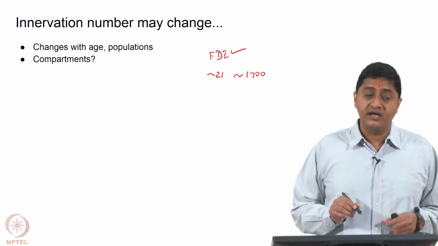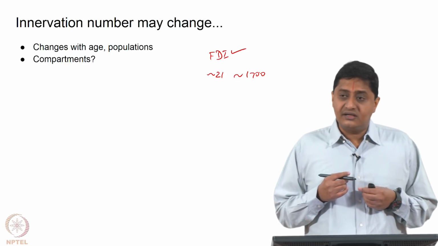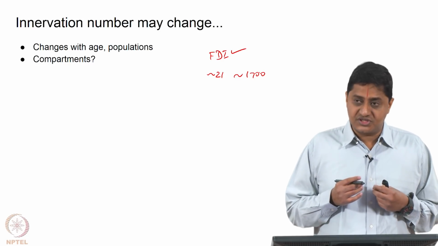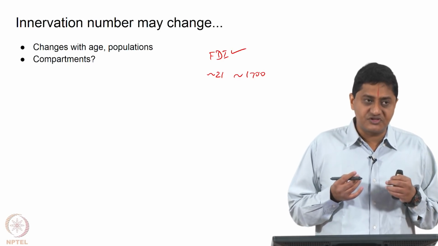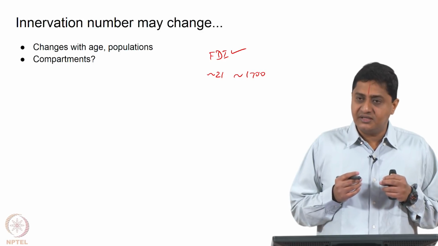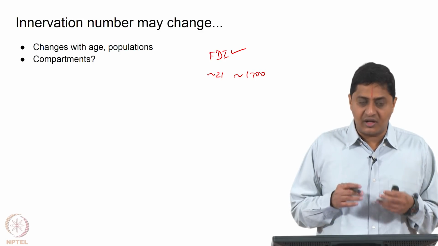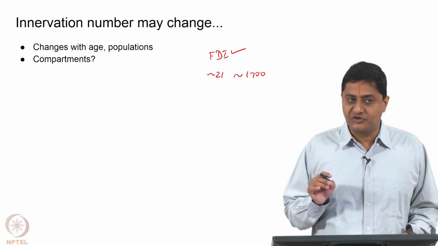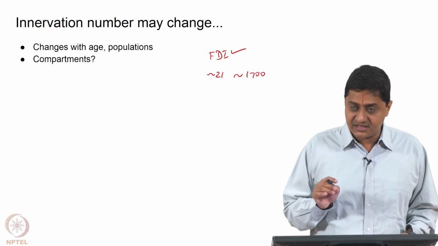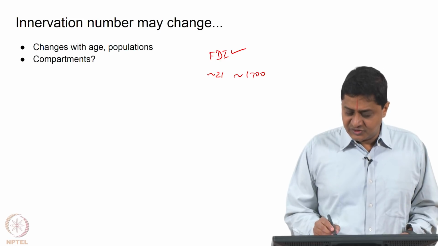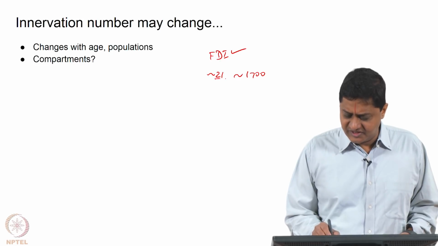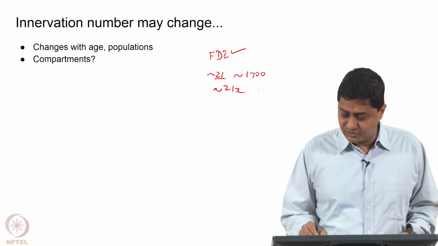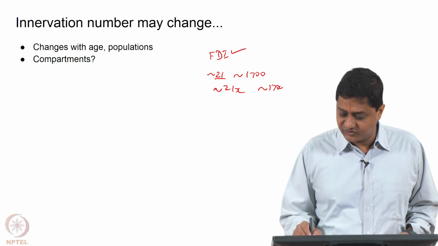So, again, if I assume that x millinewton of force, or x units of force, is produced by a muscle fiber, and all muscle fibers have an equal amount of force producing capability. In that case, the motor unit associated with an innervation number of 21 is going to produce approximately 21x, and this one is going to produce approximately 1700x.